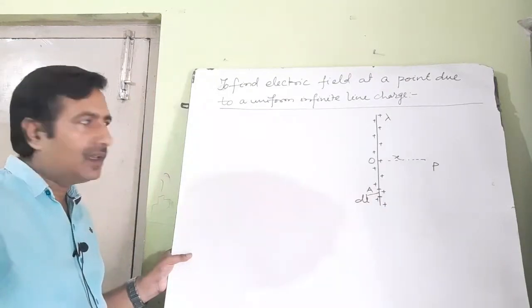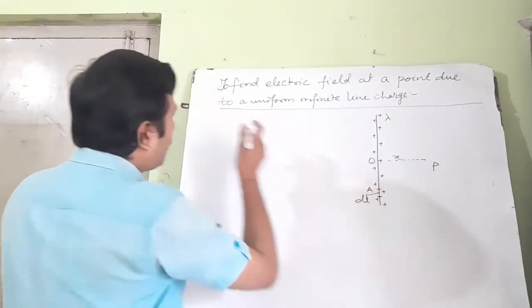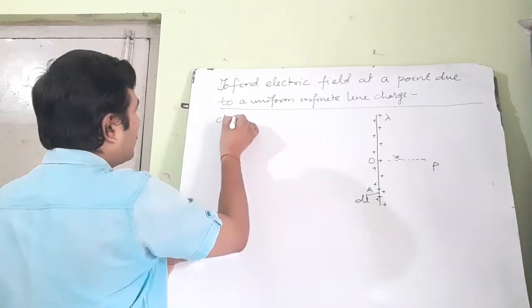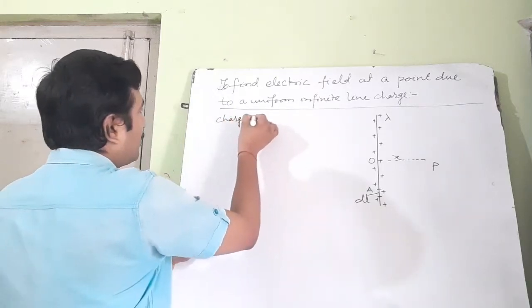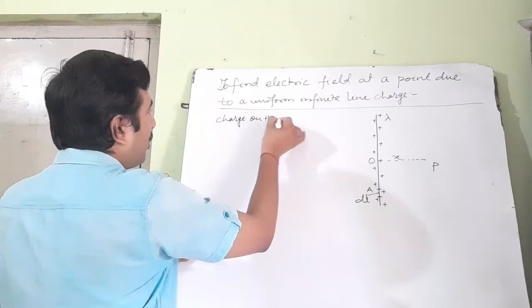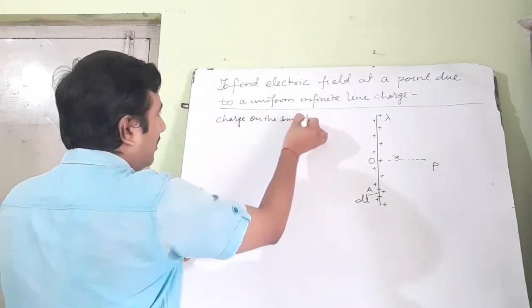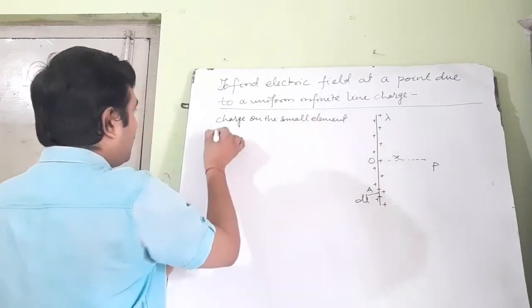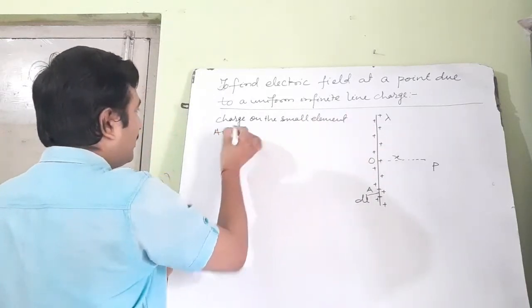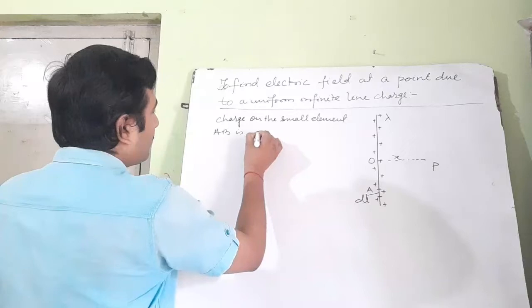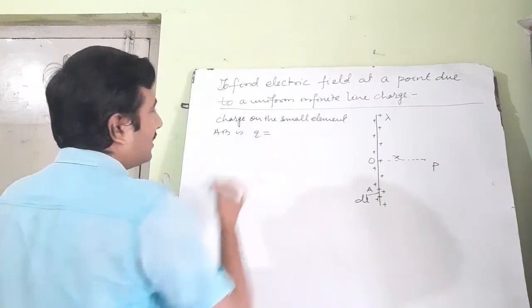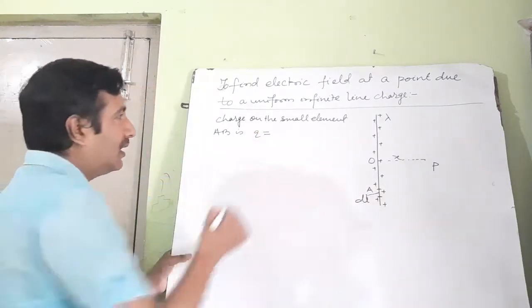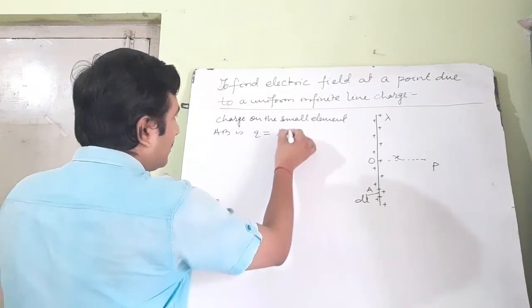Okay. So the charge on this small element AB is, suppose, small q equal to lambda into length.